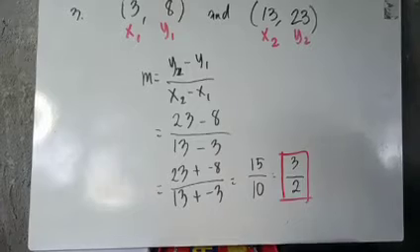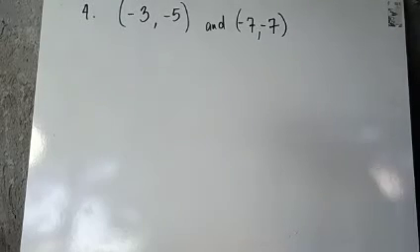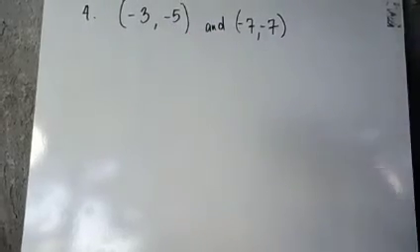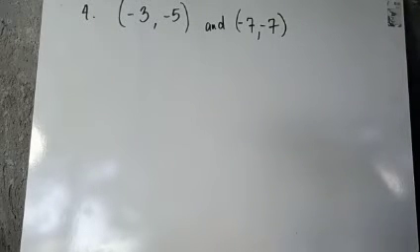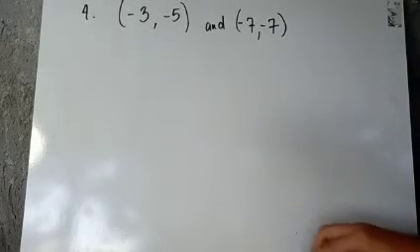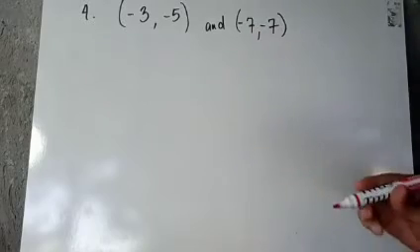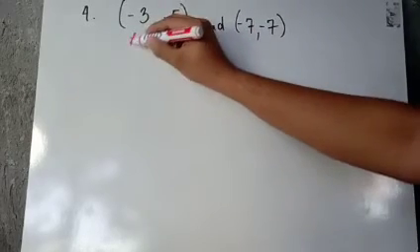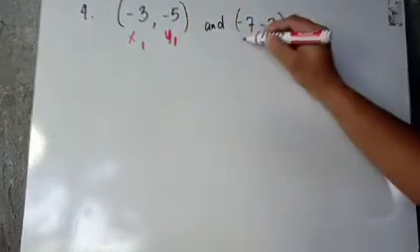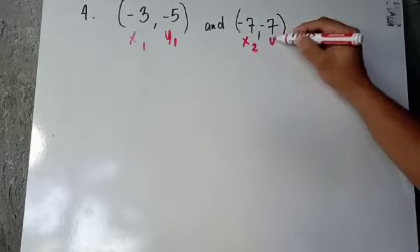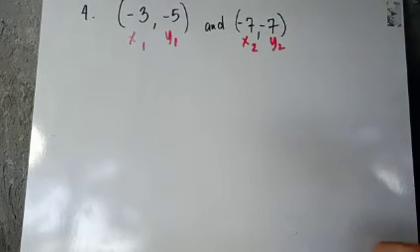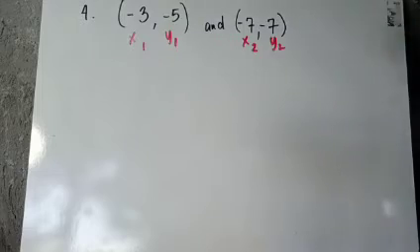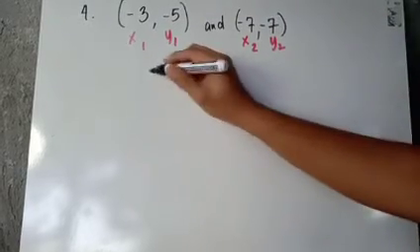Next. Okay, our last example is this. Negative 3, negative 5, and negative 7, negative 7. So, ano muna tayo? Variables muna. So, x sub 1, y sub 1, x sub 2, y sub 2. Ayan. And then, we're going to substitute these values into the formula.